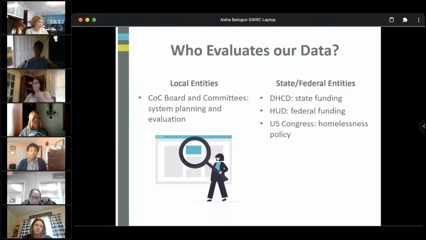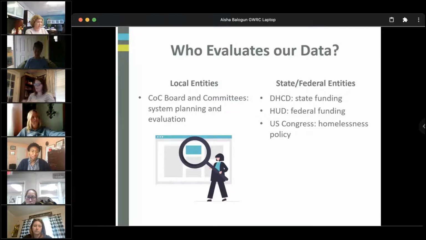And on the state and federal level, we have, again, a range of organizations and entities that are looking at our data. DHCD, the Department of Housing and Community Development, is looking at data that's pulled from HMIS to determine levels of state funding that we will receive.